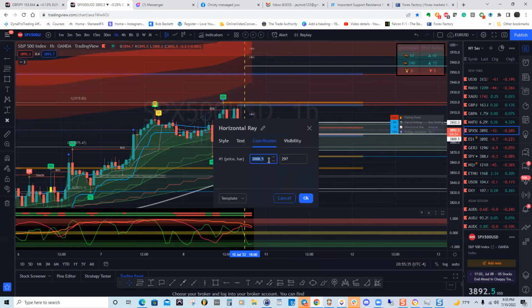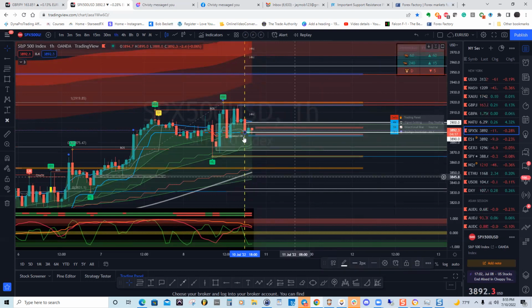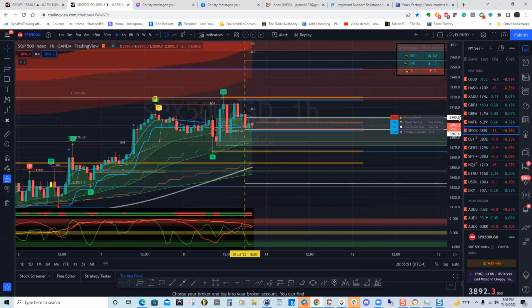Call this 38.90. There. How about on two levels right there? I don't know, maybe bring it down some more. 38.87. Something there. So it has to close above 3,900 or below this other level here.